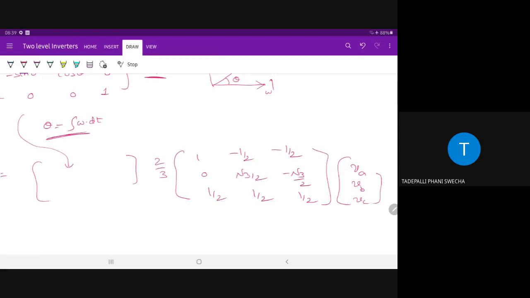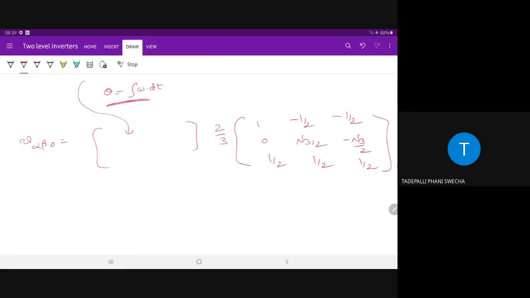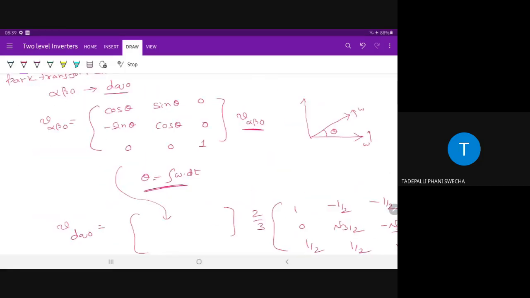So this is the direct conversion. On this side you have dq0. I have wrongly written, this is dq0.